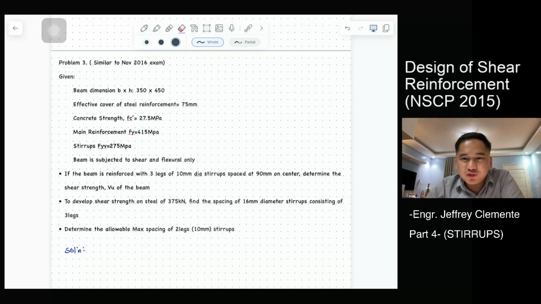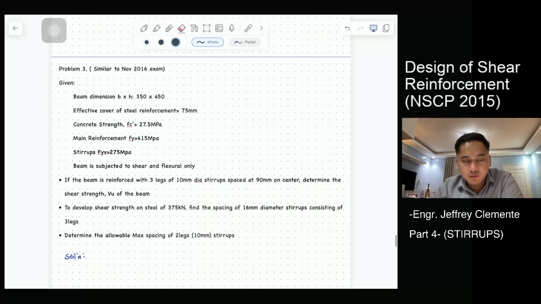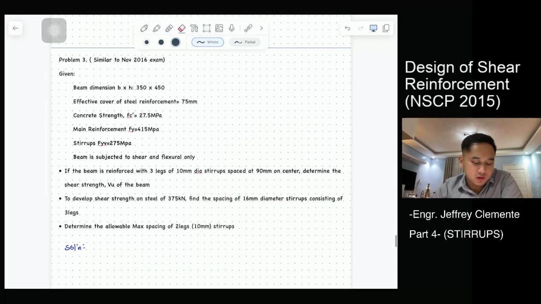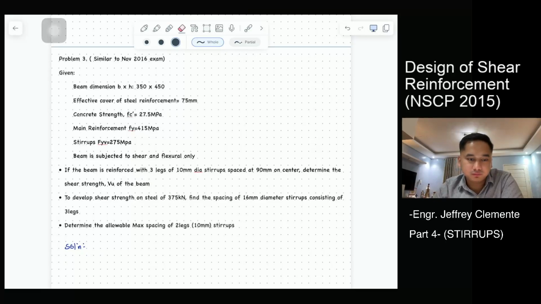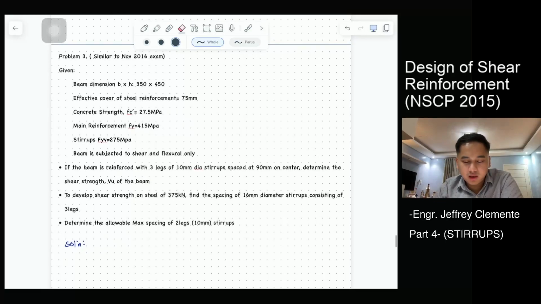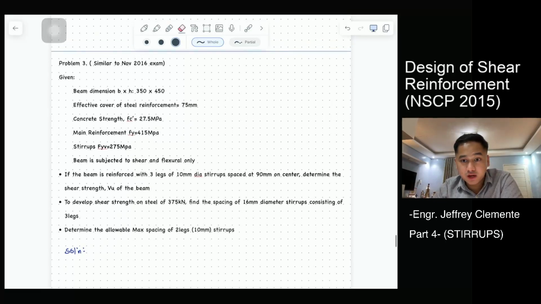Okay, design of shear reinforcement using NSCP 2015, part 4. This is part 3, problem number 3. This problem is similar to the board exam, the November 2016 exam, but of course with some modification. And iba pa yung code na ginamit dito.